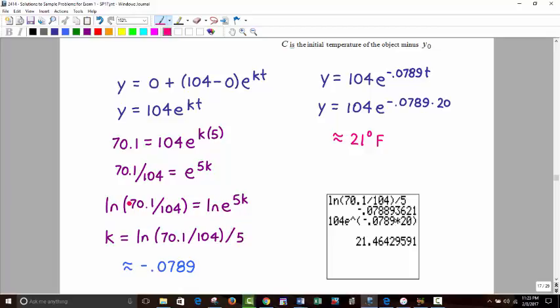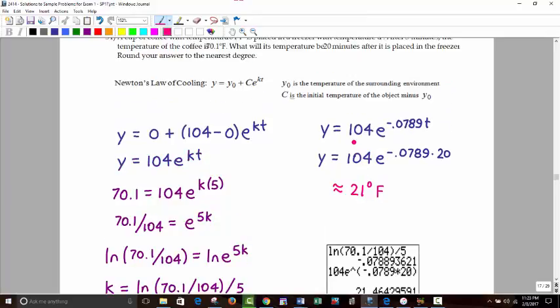So we have k equals ln of 70.1 divided by 104, all that divided by 5, which you see here in the calculator. Approximately, using 4 decimals, equals negative 0.0789. So your official model is y equals 104 e to the negative 0.0789t.